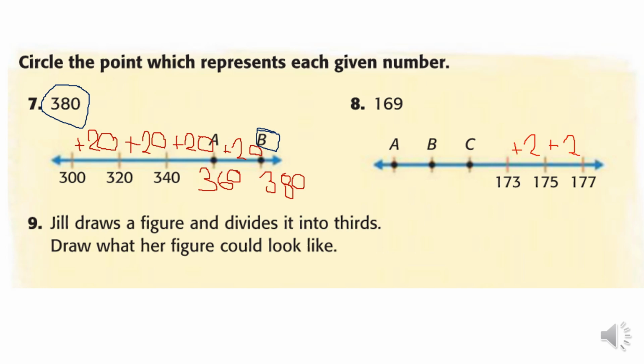You want to go back, right? You want to find out which letter this is. So if they're adding 2, and you want to go back, you're going to subtract 2.